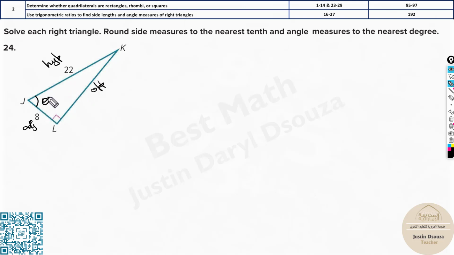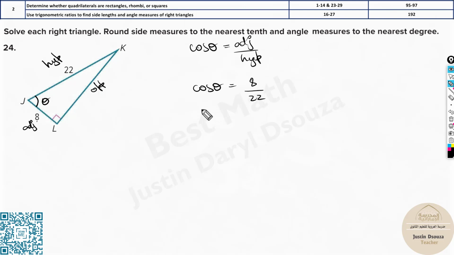See what the knowns are. Opposite side is unknown. We don't know theta, but we can solve from hypotenuse and adjacent. So if you have cosine theta, you know what? It's adjacent divided by hypotenuse. And over here, we don't know cos theta. That's fine, but we know the adjacent side is 8 divided by 22.